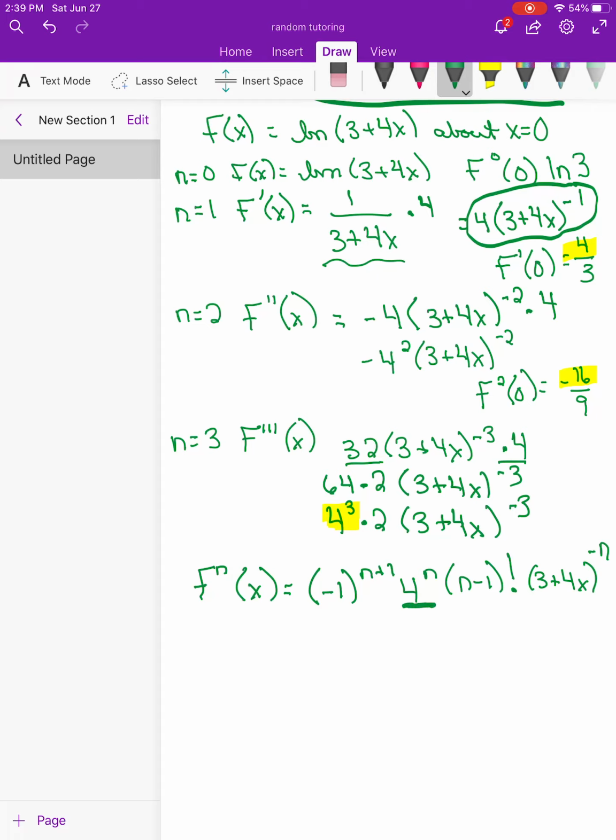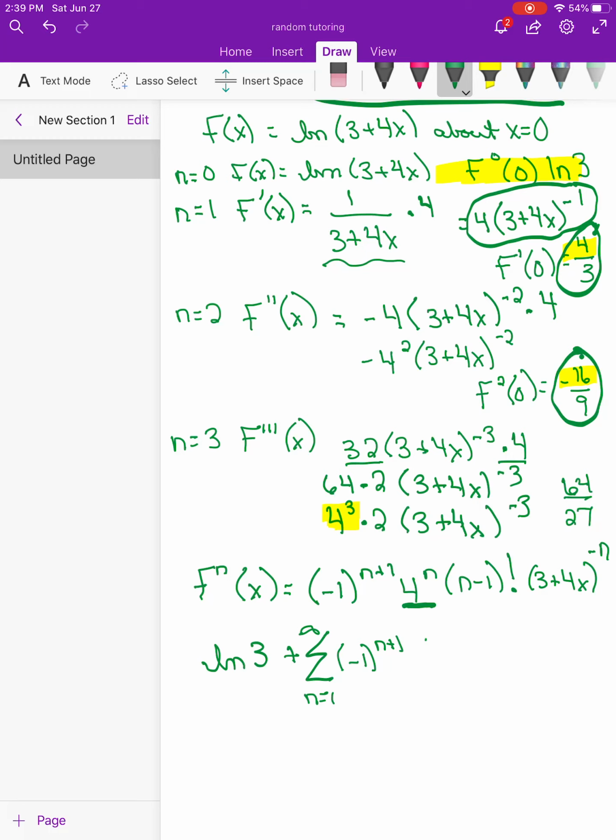This was 4 to the first, 4 to the second, 4 to the third. But the thing that we don't use is the natural log of 3, which was our original piece up here, because that's just a constant. So that can go to the front. And then you end up with your -1 to the n plus 1. And if you look at these terms, 4/3, -16/9, your value here would be 64 over 27.